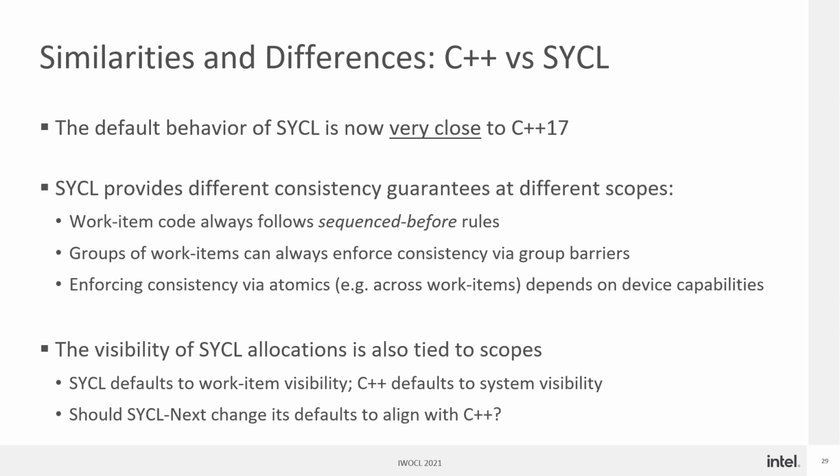One of the remaining differences is the visibility of SYCL allocations, which is also tied to scopes. For example, private memory is currently only visible within its work item, whereas C++ defaults to system visibility. Should SYCL next change its defaults to align better with C++, say by allowing private memory to be accessed across work items or local memory to be accessed across work groups?